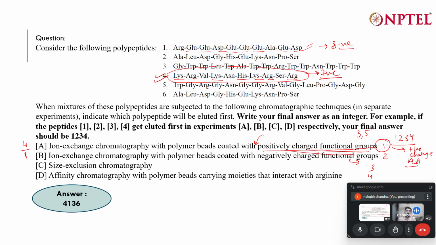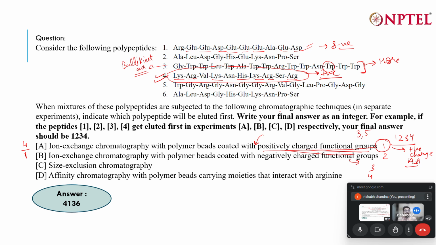Now moving on to the size exclusion chromatography. In the given peptides, the third one will have more size, or be bulkier, because the tryptophan moiety is maximum in this case, and tryptophan is the bulkiest amino acid, because of the indole group present as a side chain.